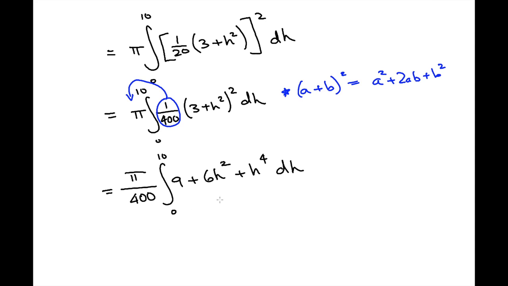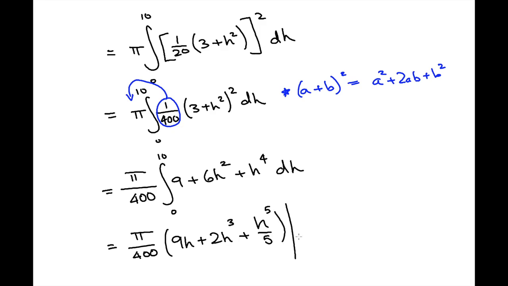Once again, we're using the reverse power rule, so that does not change. So we'll have pi over 400 times 9h plus 6h cubed over 3, which is 2h cubed, plus h to the 5th over 5. We're evaluating this from 0 to 10.